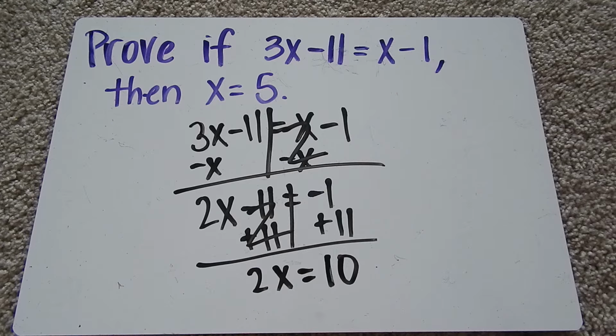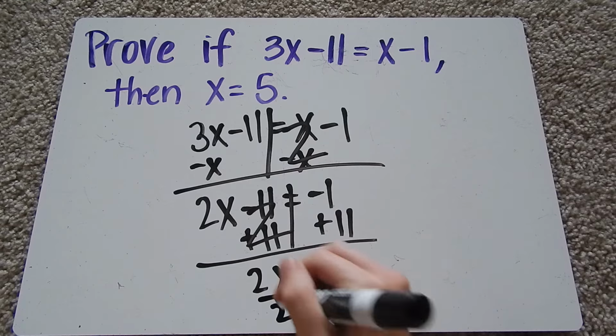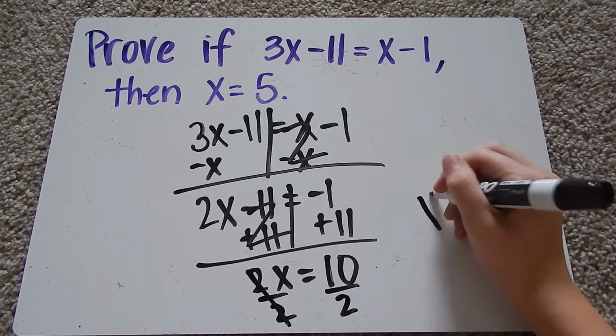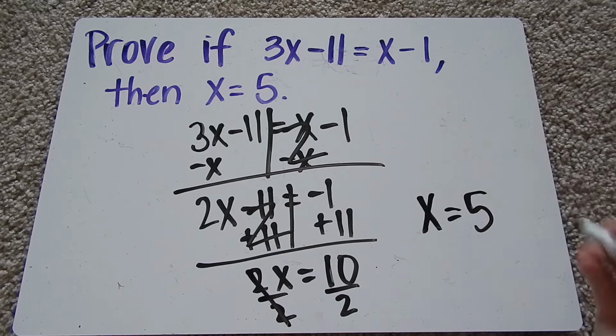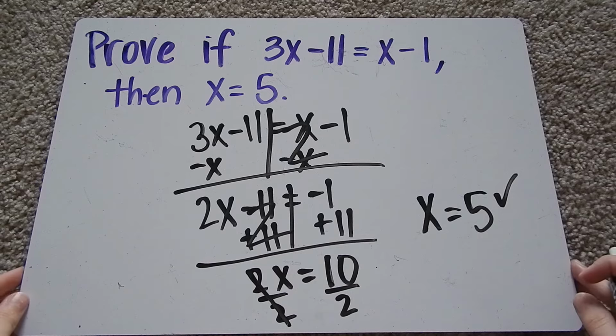Then I want to get x by itself, so I'm going to divide both sides by 2. That one's out there, and I get my answer, x equals 5. So I actually just proved that x equals 5 if 3x minus 11 equals x minus 1. I've done my job. Now let's go to the final proof.